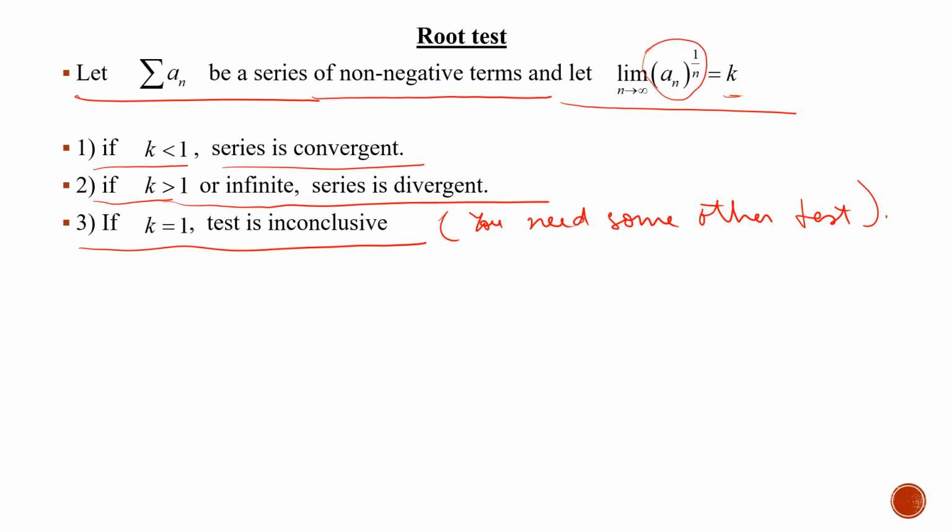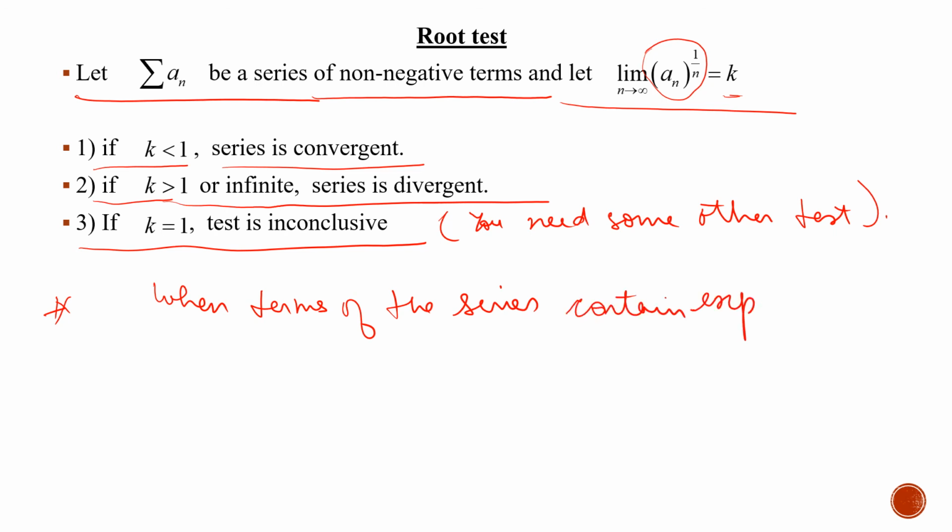Now this test is preferable when the series contains a term which is raised to the power n. So you can write that when terms of the series contain an expression raised to the nth power, the test is preferable.